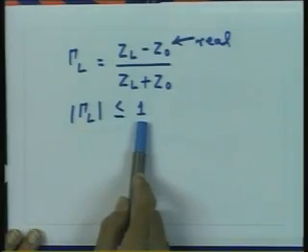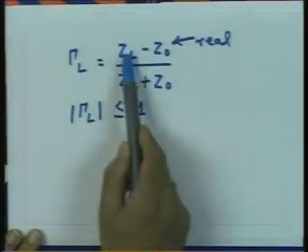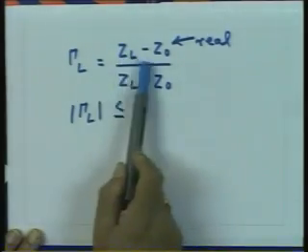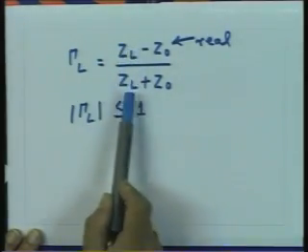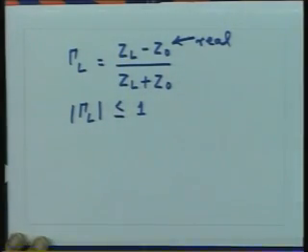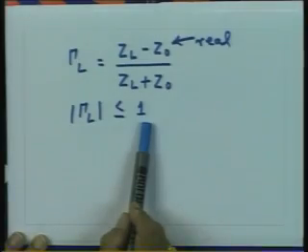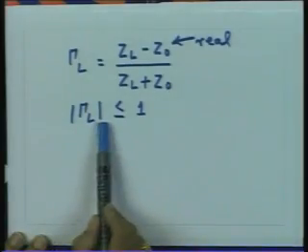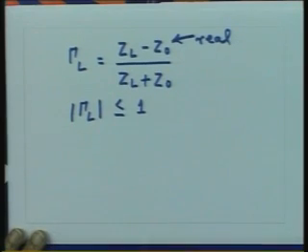So, for any passive load, the mod gamma L is always less than or equal to 1. So, in a condition when ZL is equal to 0 or ZL is equal to infinity, I will get the magnitude of gamma L equal to 1. Otherwise, this quantity will always be less than 1.